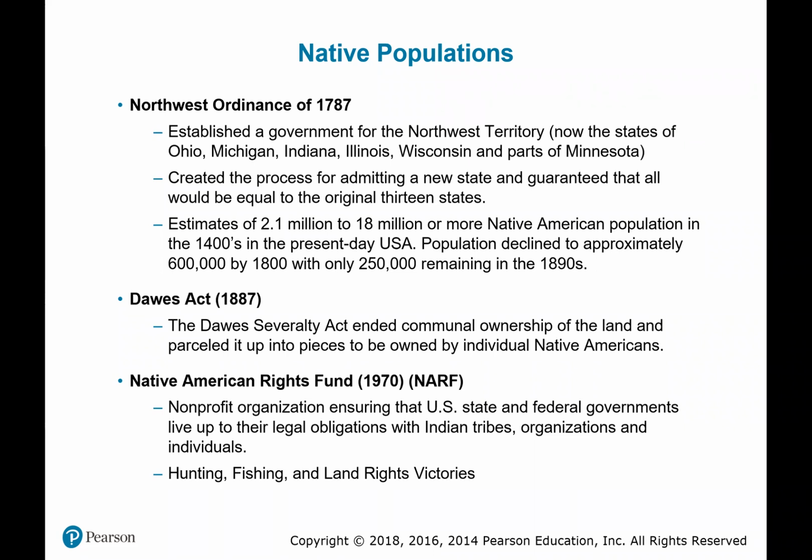The Dawes Act in 1887 was put forth especially out in the West, where at the time there were higher concentrations of natives. Most of the natives in the East had been killed off or had moved or were forcibly moved or were put in reservations, cut from society for the most part.